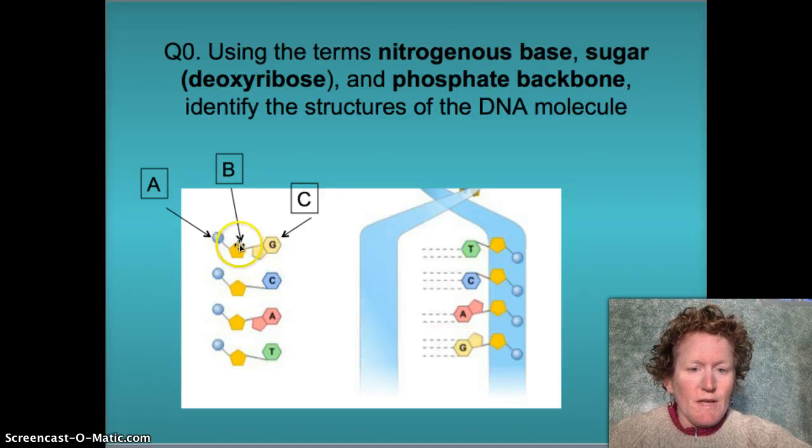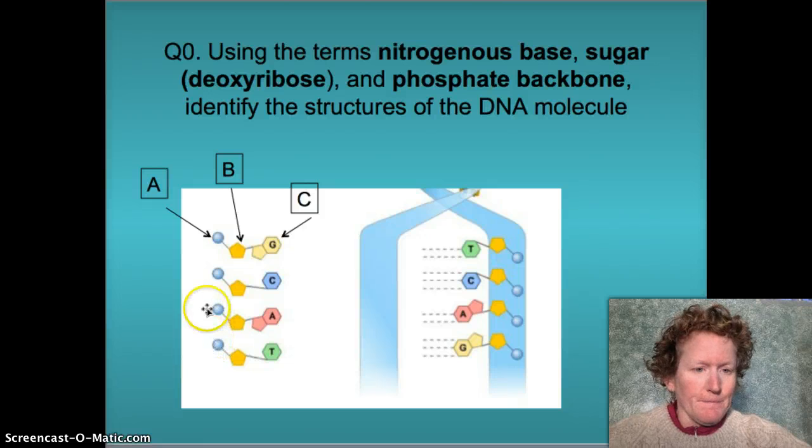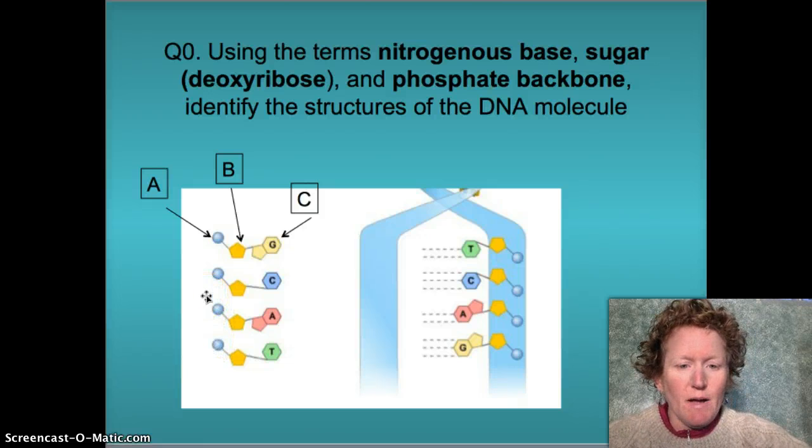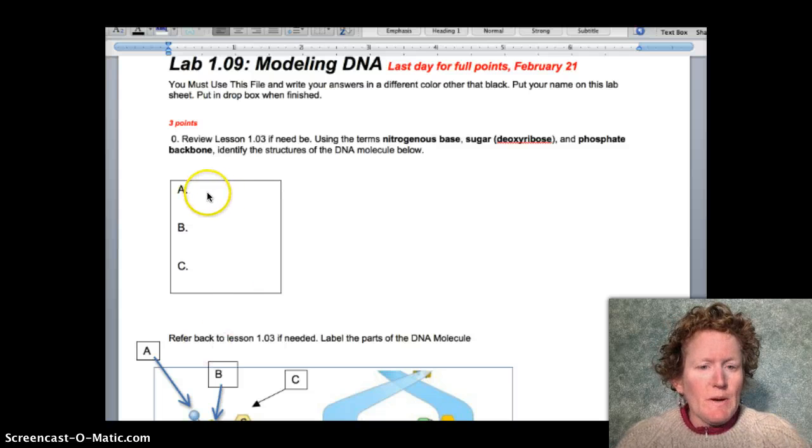The sugar is attached to the base here. It's a pentose sugar. Deoxyribose is a pentose sugar. And the phosphate group here, which links the backbone together, is right here in this kind of cartoony molecule. So now you can fill out the first part of your lab sheet right here under question 0.